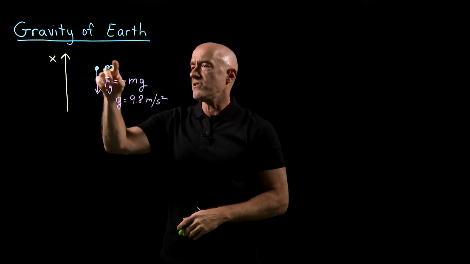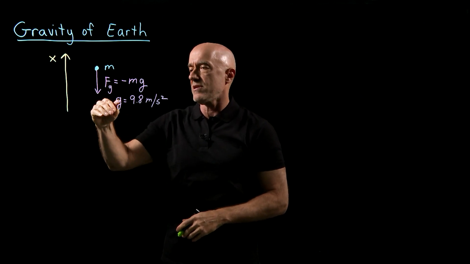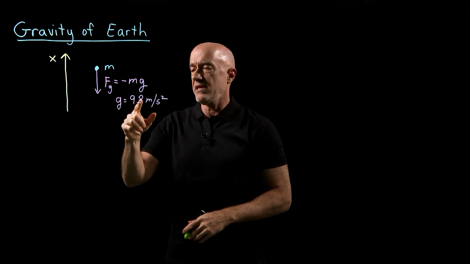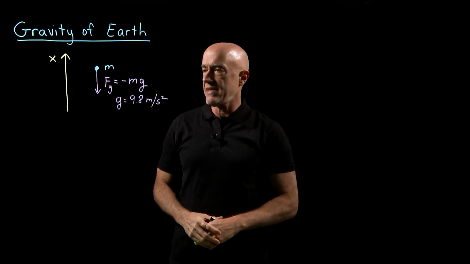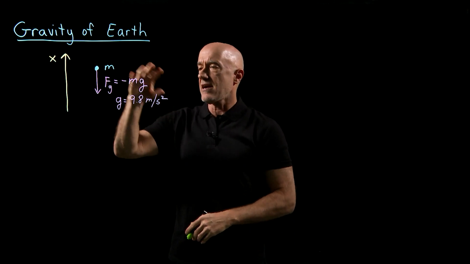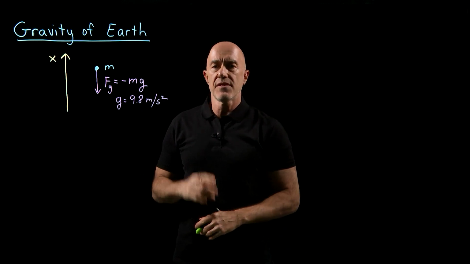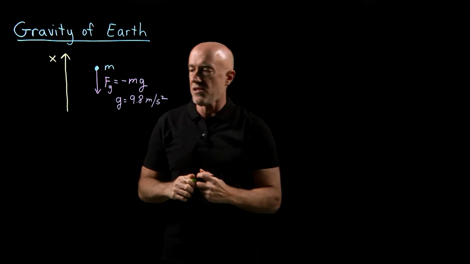Then we have a force on the mass pointing downwards. It's given by minus mg, where this g is 9.8 meters per second squared. So this is given physics. We apply F equals ma, so that gives us an equation for the acceleration.